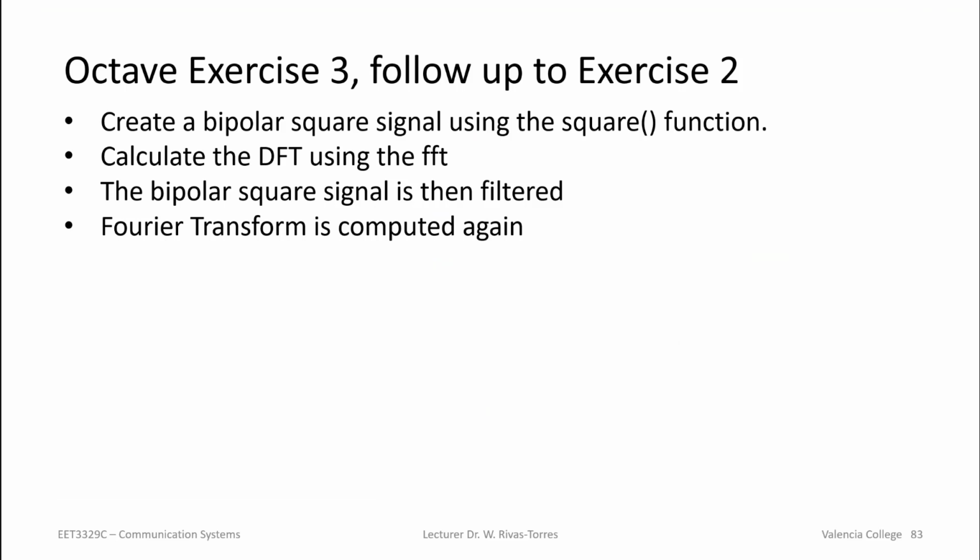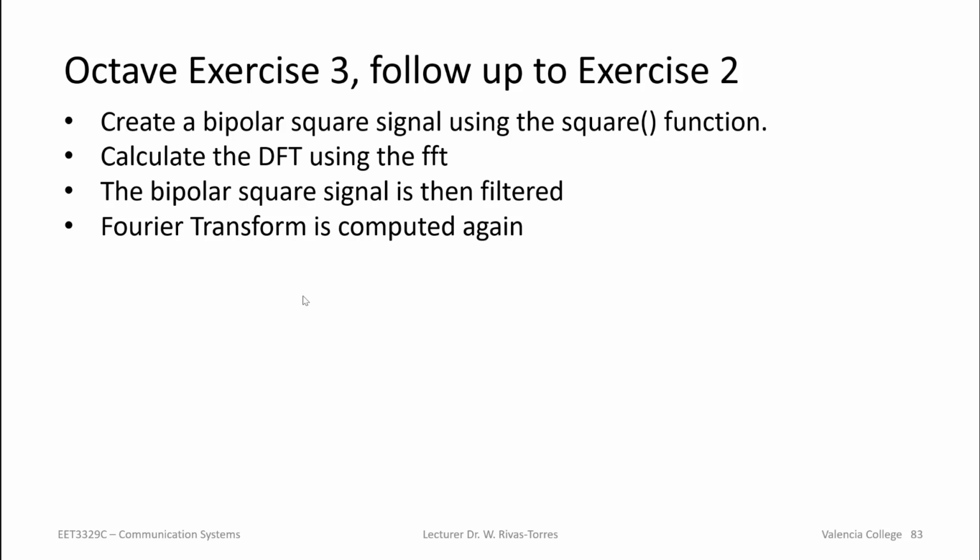Now, I have a third example for you guys. This one is not in the book, but it's a continuation of the one that we just saw, sort of. So instead of using the rectangular pulse, I am actually going to use a square wave. For the square wave, I am going to calculate the DFT using the FFT.